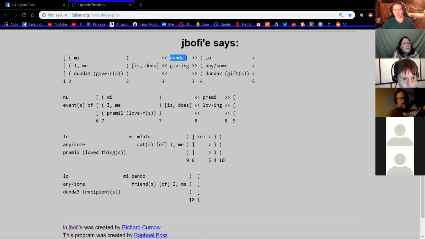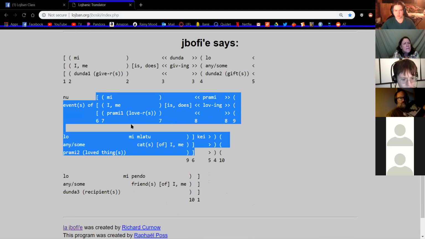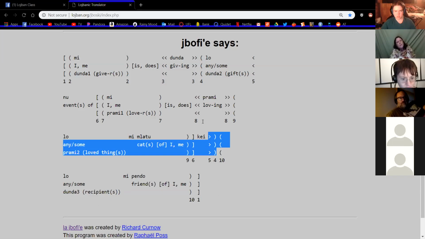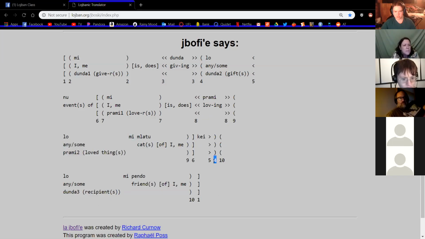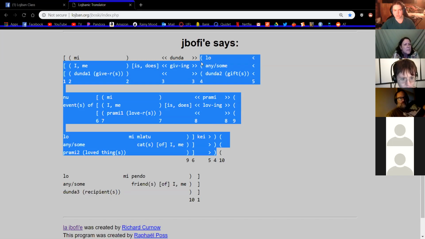This is the selbri. You've got lo nu, so the event of me loving my cat. This is all in the, and then you see kei is terminating it. And you can see the number here, actually 4. This is leading back to lo.